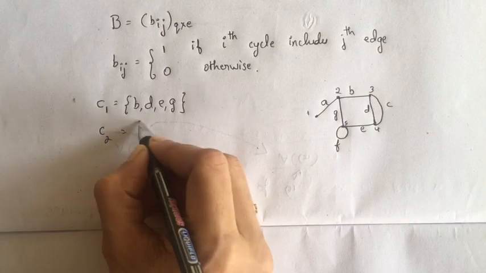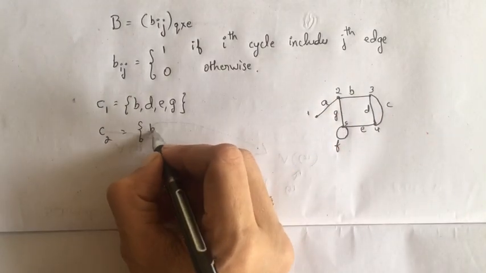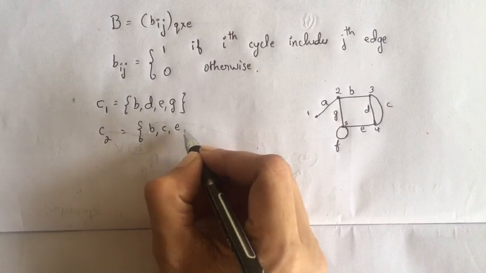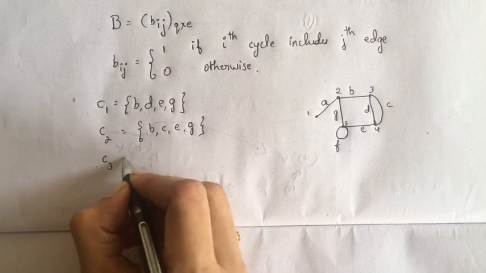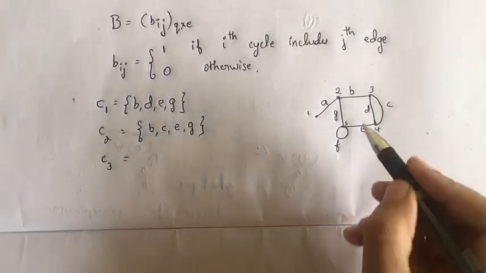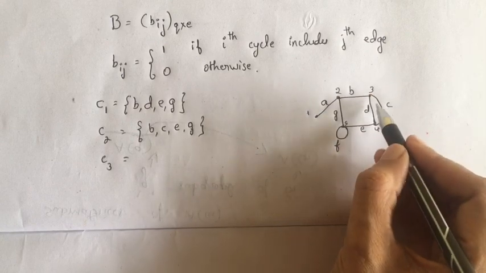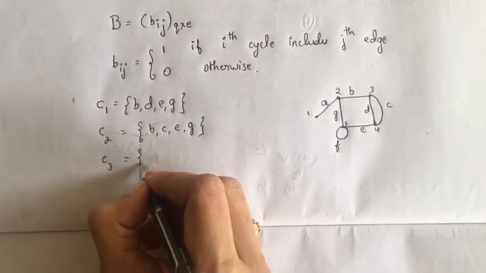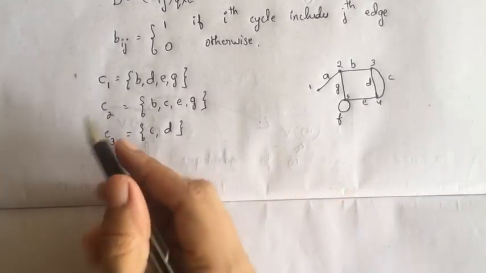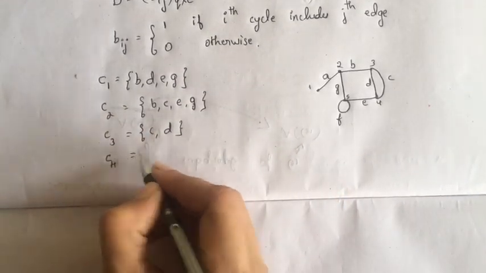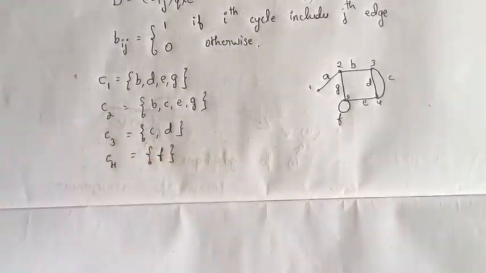Another cycle B, C, E and G. And the third cycle, say, this one set of parallel edges, they also form a cycle, so C comma D. And the last cycle is a self loop, that is F.